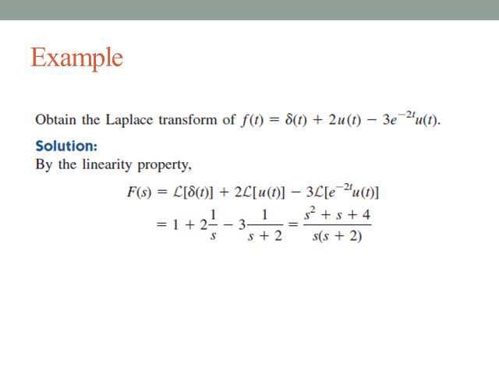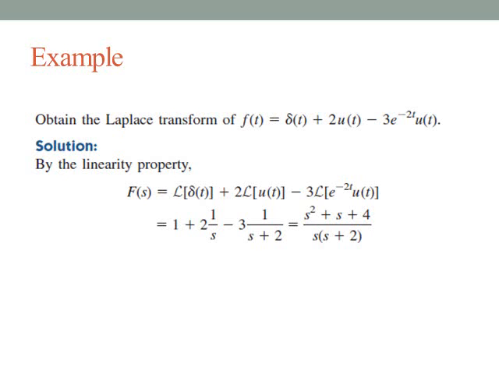As we have seen the property of linearity, if we know the Laplace transform of delta of t, of u of t, and of e raised to power minus 2t u of t, we'll just add them up, multiplying the Laplace transform of u of t with 2 and the Laplace transform of e raised to power minus 2t u of t with minus 3. So that's what we have done in this solution.